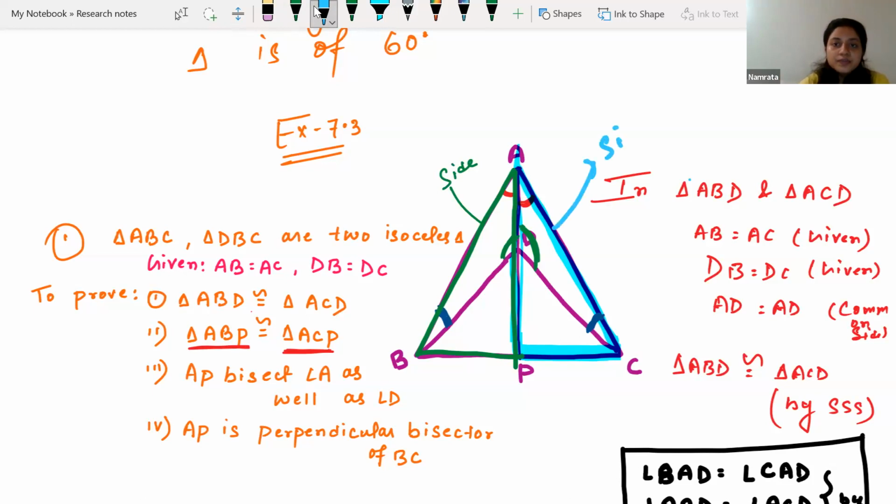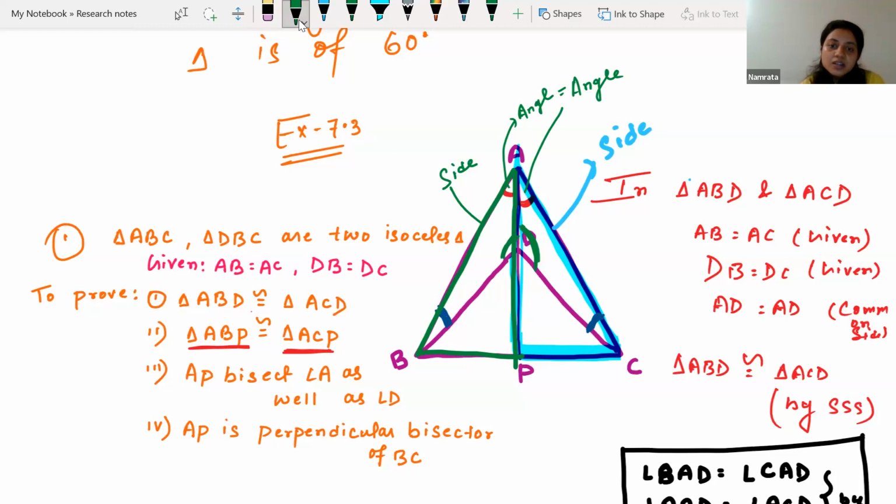We can also see that this red angle is equal to that angle. In both triangles, the angles are the same. And what else? This side, AP, is a common side. Can you see it? AP is a common side.